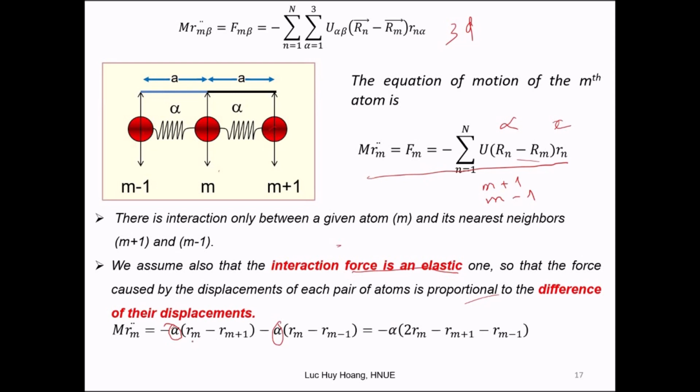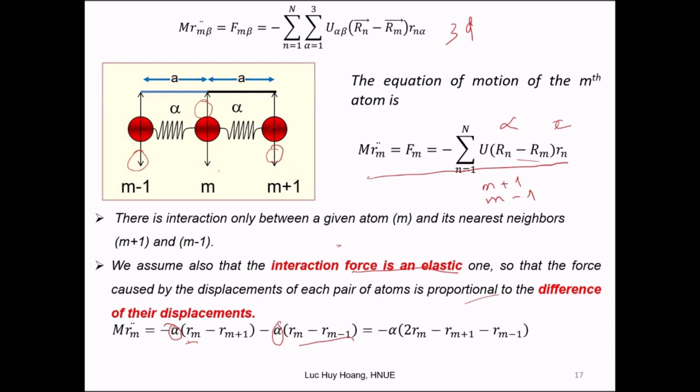It can be written as Rm minus Rm plus 1, and similarly for the last one, Rm minus Rm minus 1. For example here, the displacement is there, and the displacement is there, so we have to take the displacement difference between the two, and also for m minus 1.